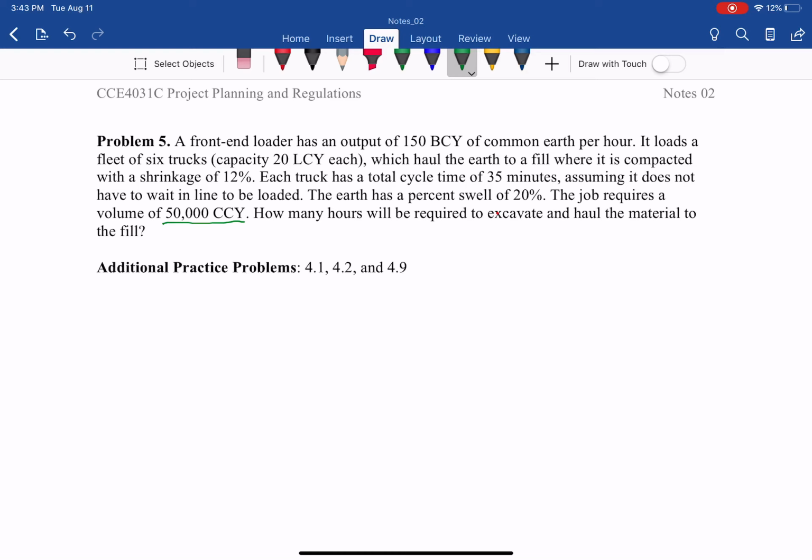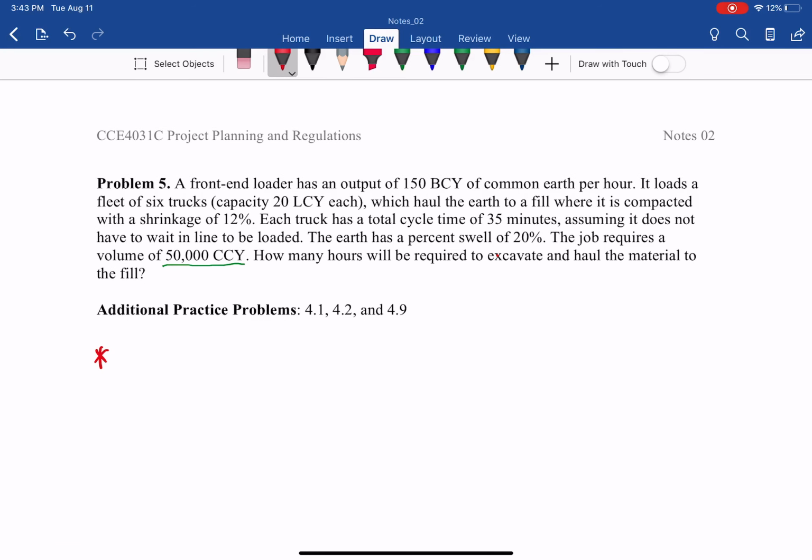When you have multiple coordinated pieces of equipment or different people, we need to first find out the production or productivity of each piece of equipment. There are 2, so I will do the same here. We need to find the production rate of the loader and the production rate of the fleet of 6 trucks.